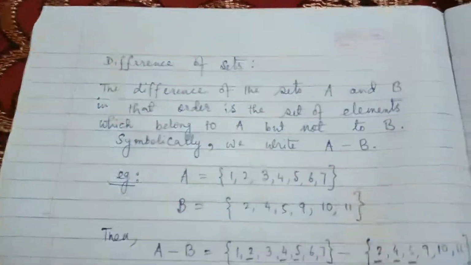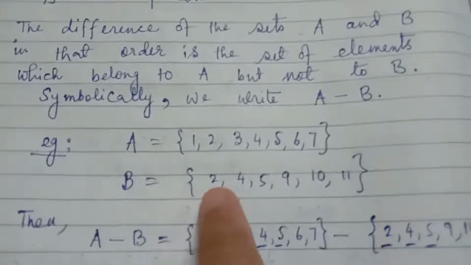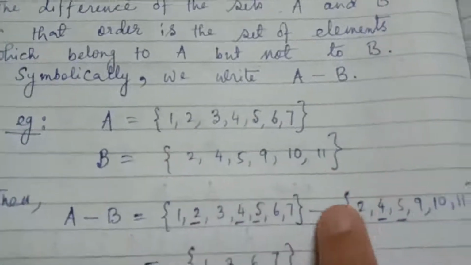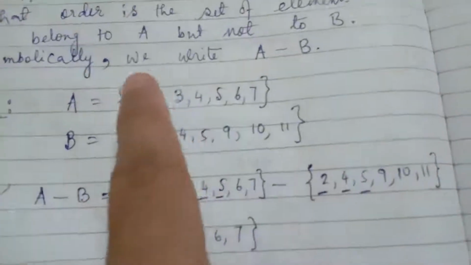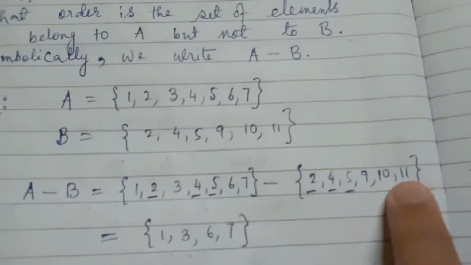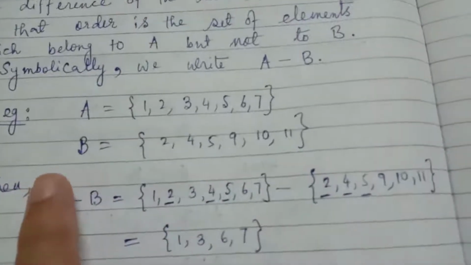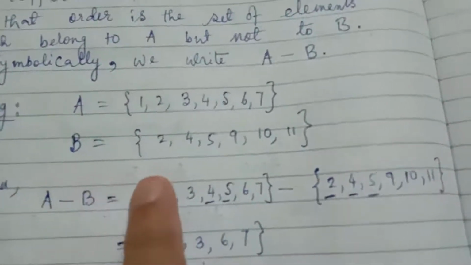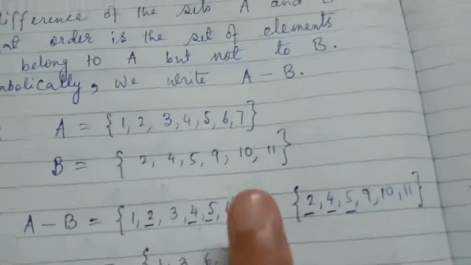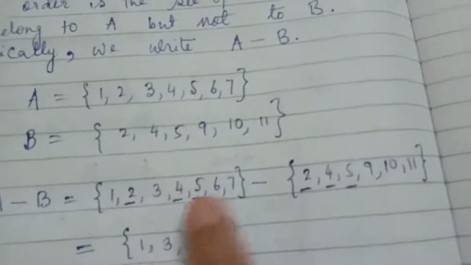Suppose A equals {1, 2, 3, 4, 5, 6, 7} and B equals {2, 4, 5, 9, 10, 11}. A and B are two given sets. I have written A minus B, A set and then B set. Now how to find it? A minus B means we have to write elements of the first set A, but first we have to remove the common elements, the elements which are present in both sets.